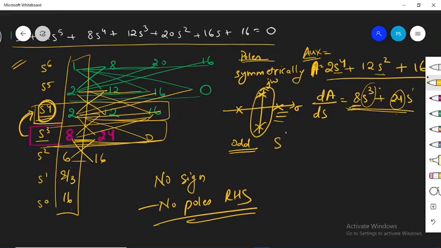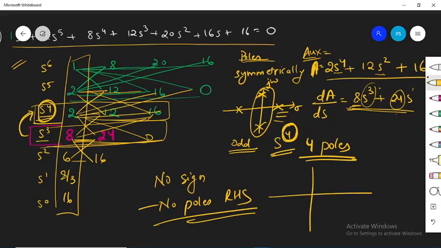The power is s to the power 4. इसका मतलब ये है कि 4 poles, these poles were lying symmetrically along the S plane, and as we are sure now that none of the poles are lying on the right hand side, hence we can say that these 4 poles are actually lying on the y axis symmetrically.